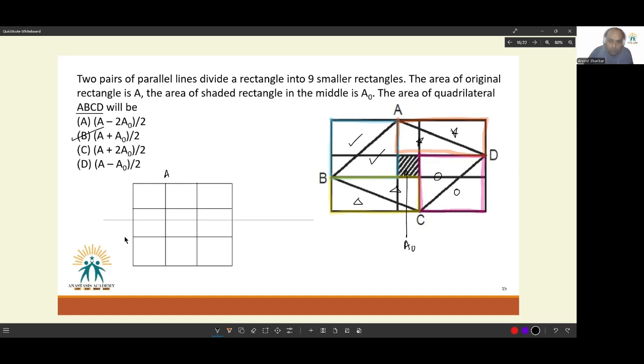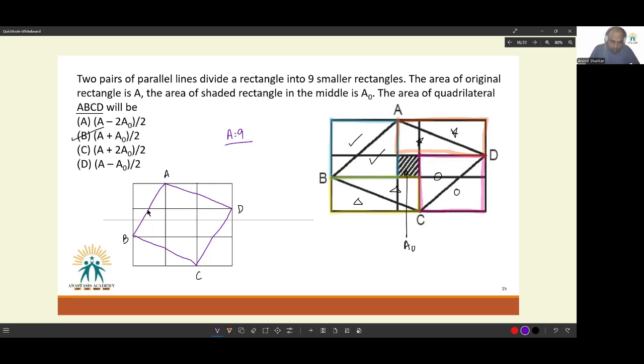This is A, this is B, this is C, this is D. I'm joining these lines, joining these shapes. If I took the side of the larger square as 3, the area of the full rectangle will be 9. A is equal to 9. And each of these smaller squares will have an area of 1.